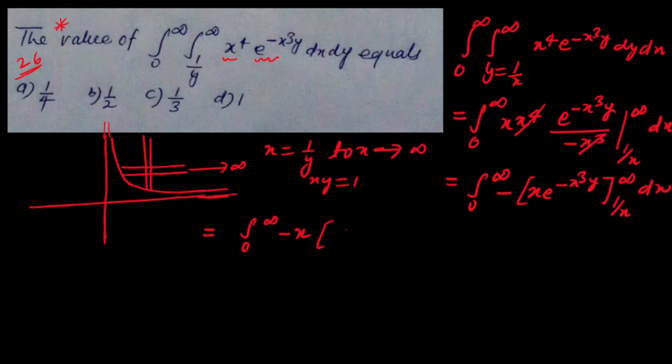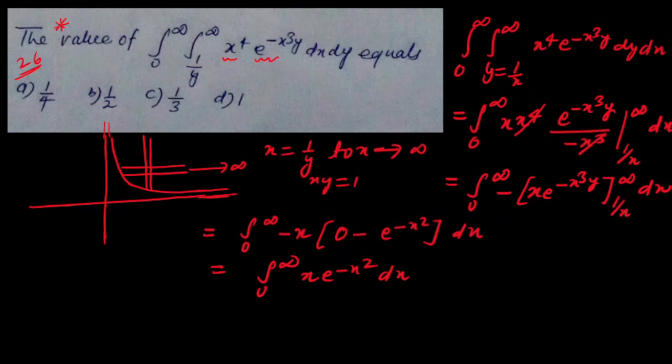So 1 by e to the power something very large will make it 0, and minus, if I put the lower limit, e to the power minus x cube into 1 by x, so I will get minus x square dx. Next I will get 0 to infinity minus minus plus x e to the power minus x square dx. Now I have to integrate this.